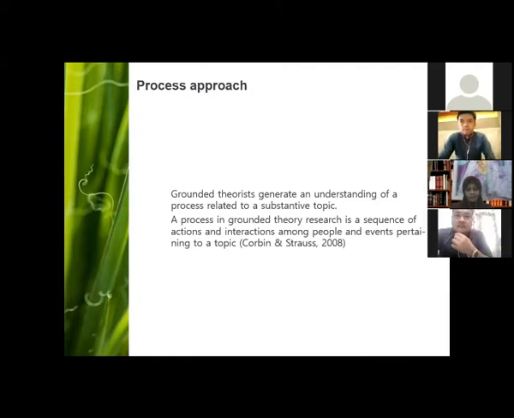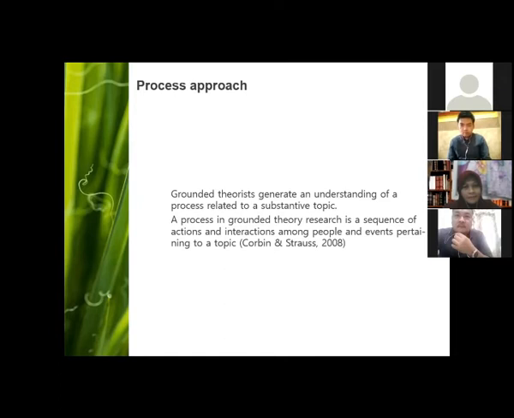The first is about a process approach. As stated by Corbin and Strauss, a process is a sequence of action and interaction among people and events pertaining to a topic. So in these topics, the researcher can isolate and identify actions and interactions among people, or what can be called isolated aspect categories.